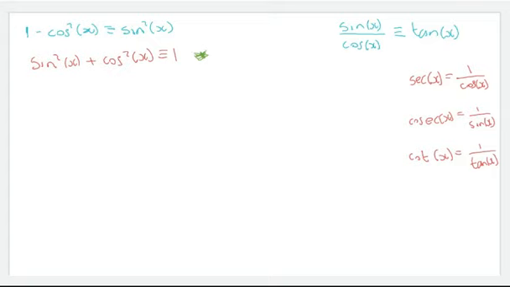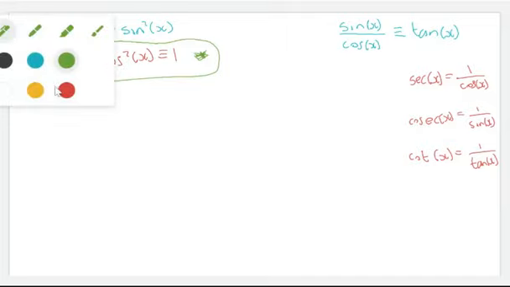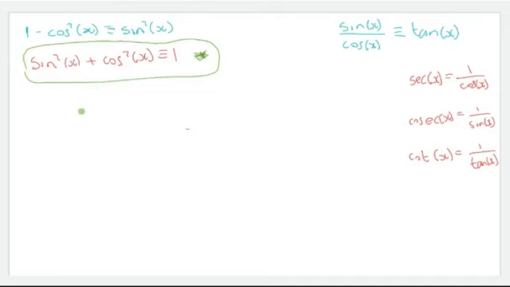No, as in, so you're going to take this identity here and divide every term by cos squared x.